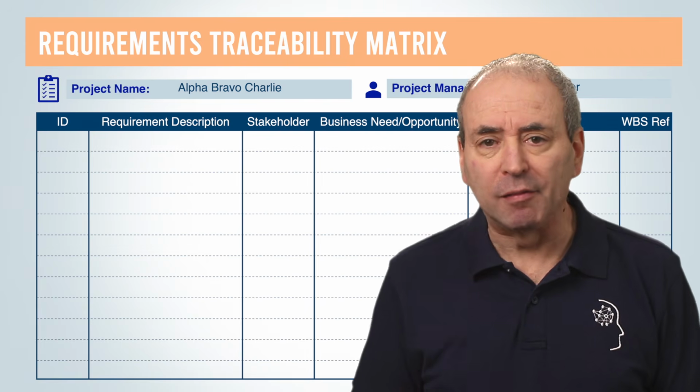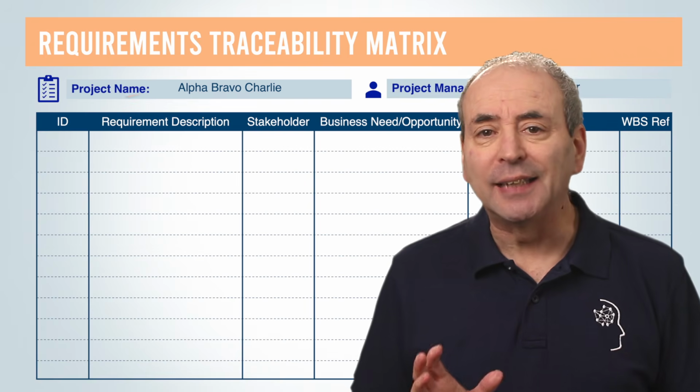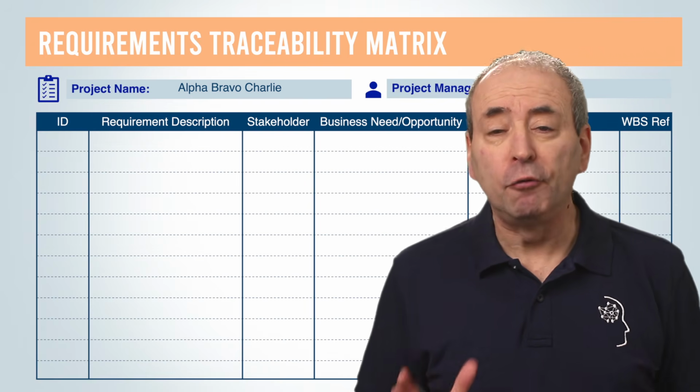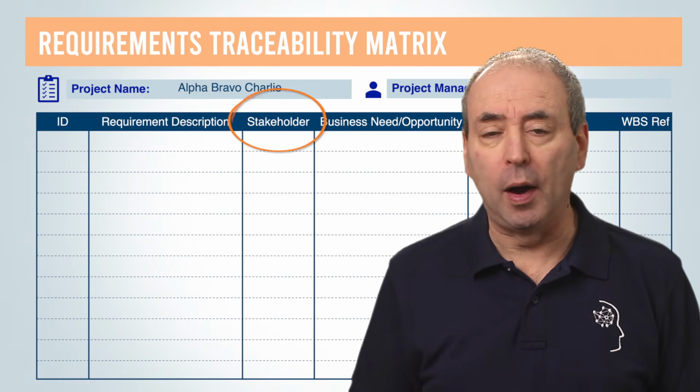In a basic requirements traceability matrix, each requirement will have a number of pieces of information attached to it. Primarily, it will have a unique ID number and a description of the requirement. Then there will be some form of reference to the user, the customer, or the stakeholder who requires it.